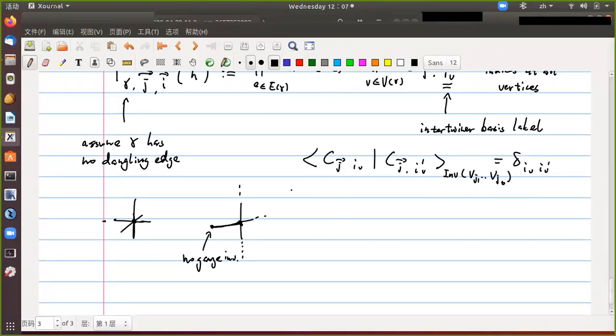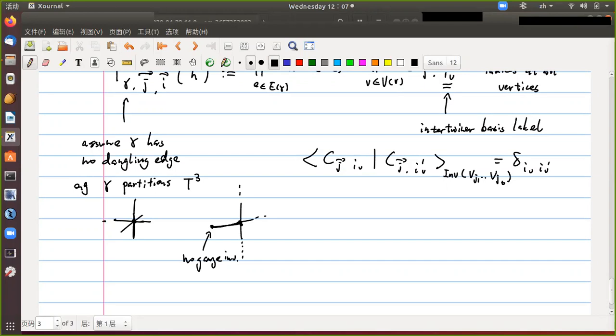For example, gamma partitioning the torus T3.